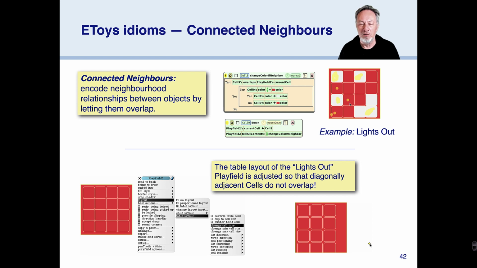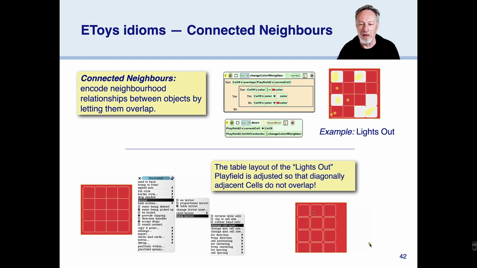But in order to encode the knowledge of which lights are connected to which other lights, a little trick has to be used. So we encode the neighborhood relationship between objects by letting them overlap. So notice each light is not exactly a square, but kind of a rounded square.